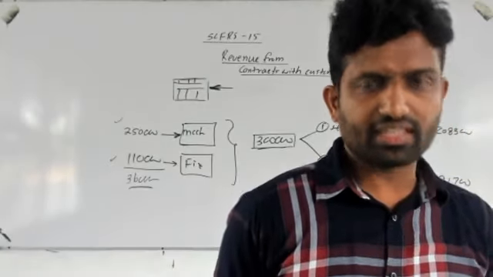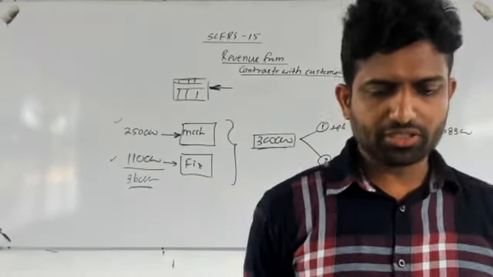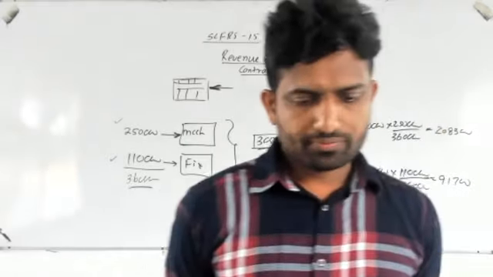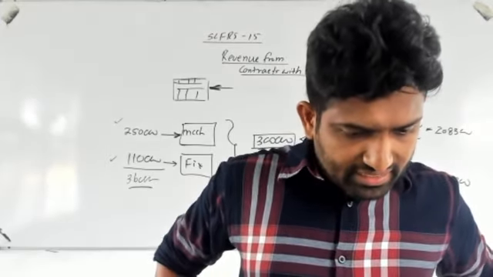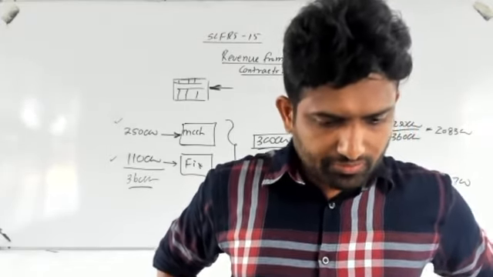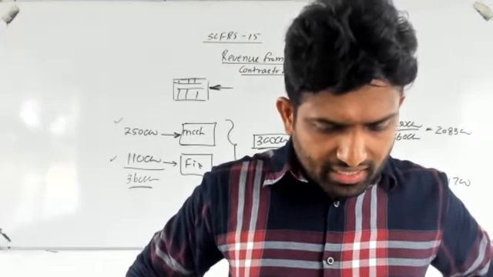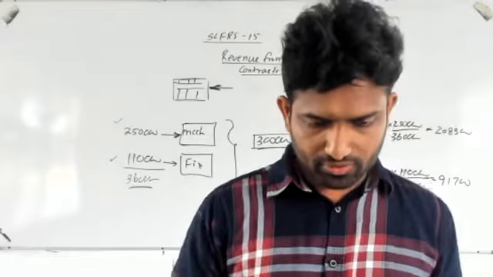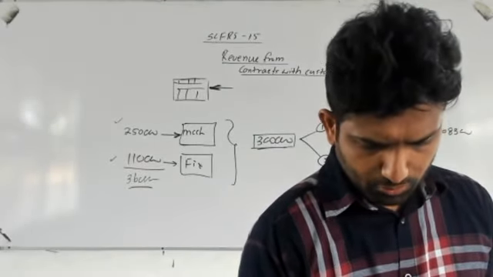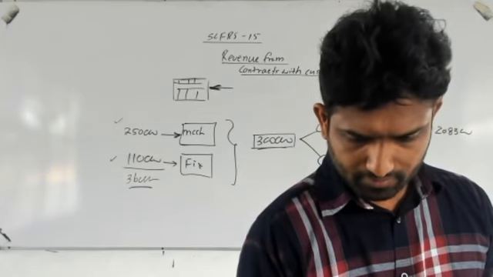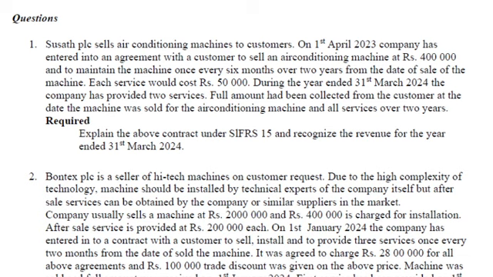Susat PLC sells air conditioning machines to customers. On 1st April 2023, the company entered into an agreement with a customer to sell an air conditioning machine at rupees 400,000 and to maintain the machine once every 6 months over 2 years from the date of sale.